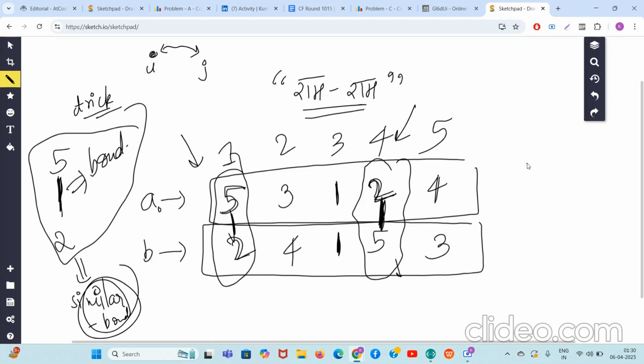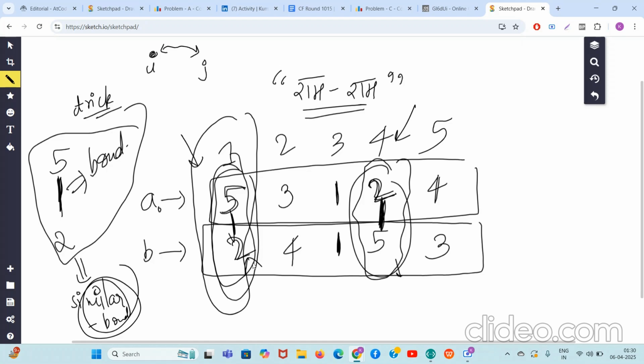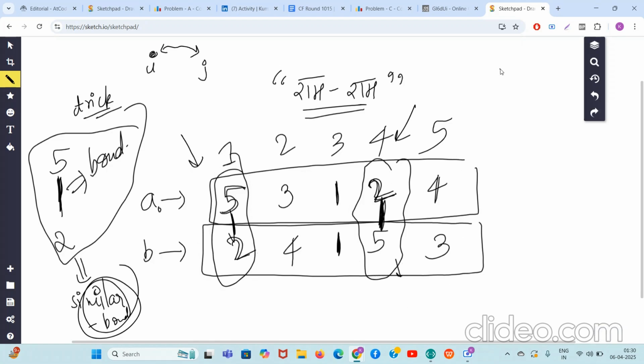So guys, by looking at this, what do we understand? To satisfy this 5-2 bond, this 2-5 bond needs to be at the last position, because like a palindrome, the first bond should be equal to the last bond, but the last bond is 4-3. So I will swap 4 comma 5.